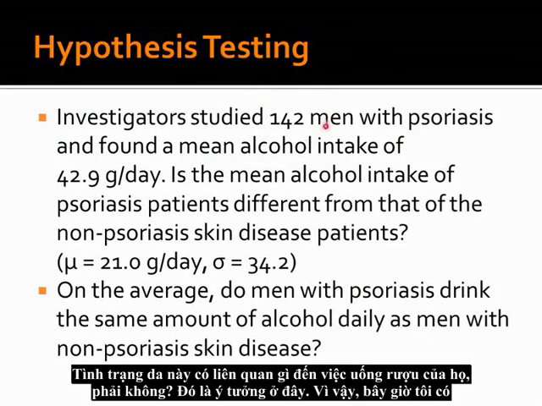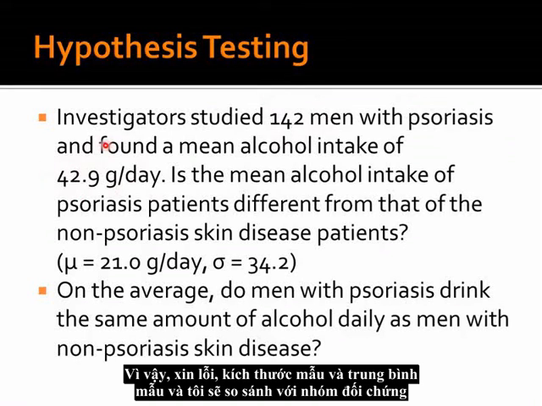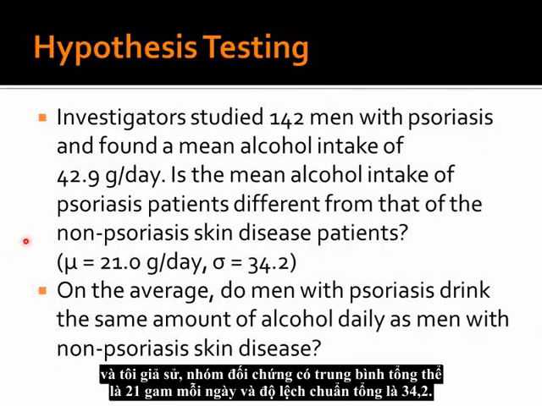So now I have the sample size and the sample mean of this group that I'm testing, the psoriasis group, and I'm going to compare to the control group. And I assume here that the control group has a population mean of 21 grams per day and a population standard deviation of 34.2.